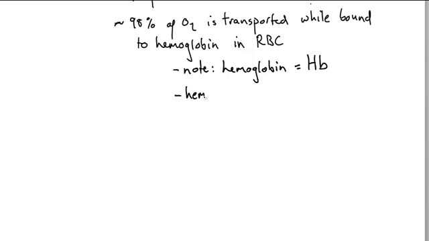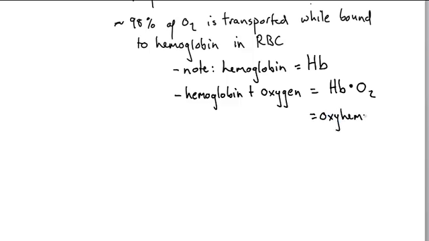And hemoglobin plus oxygen is abbreviated Hb with a dot and then O2. And it's also called oxyhemoglobin. So hemoglobin becomes oxyhemoglobin if it binds to oxygen.